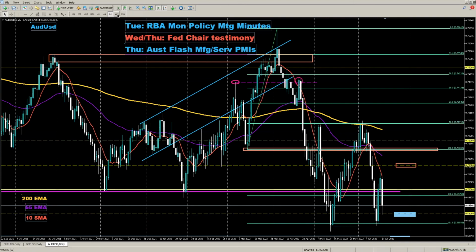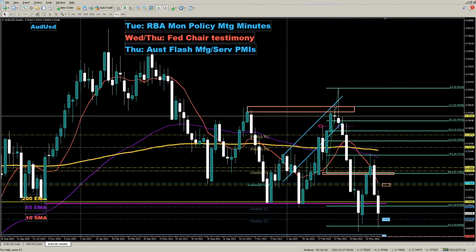All right, so take a quick look on the weekly, and it is more bearish than the other pairs, closing lower for the week, and no spinning tops, so it's still struggling to find some foothold, but for now there's still support at the 162 fib.